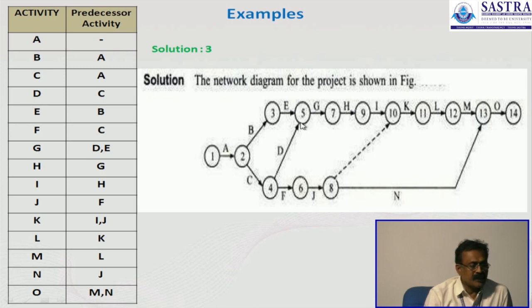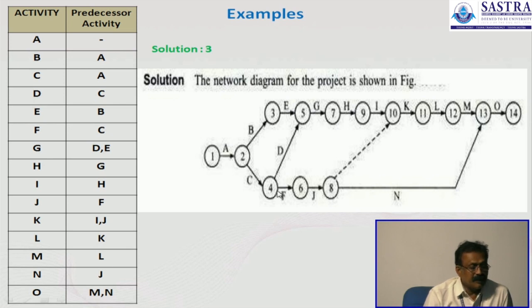Therefore the next activity is G, and the predecessor activities of G are D and E. So we have to draw activity G, and the resulting node is mentioned as 7.